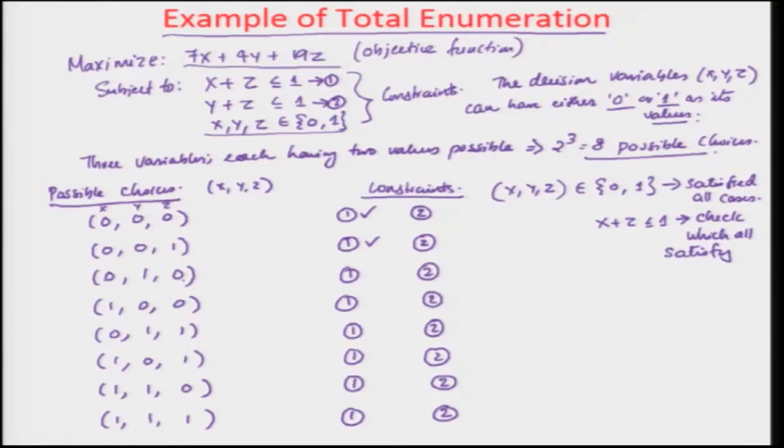This is 0 plus 0 less than or equal to 1, satisfied. 1 plus 0 less than or equal to 1, satisfied. This is 0 plus 1 less than or equal to 1, satisfied again. This is 1 plus 1, that is 2, less than or equal to 1, not satisfied. 1 plus 0 less than or equal to 1, satisfied. 1 plus 1 less than or equal to 1, not satisfied.